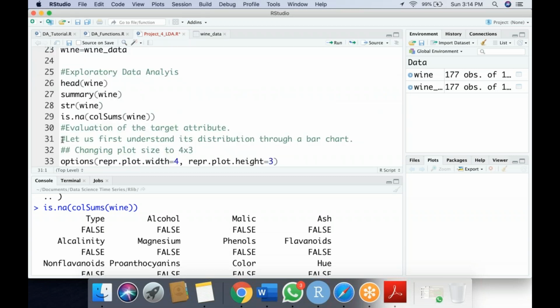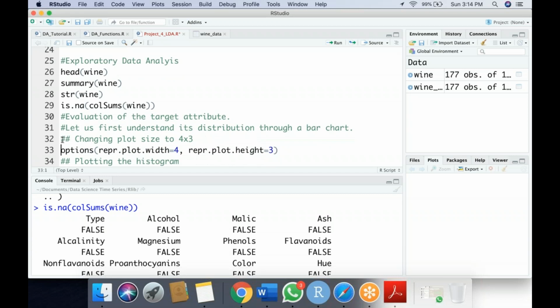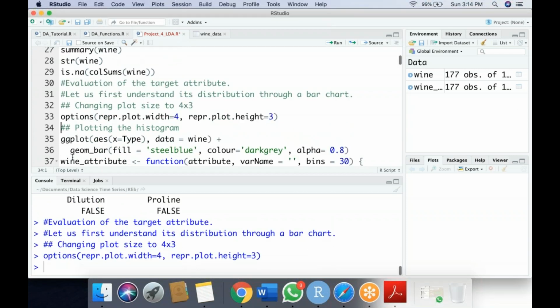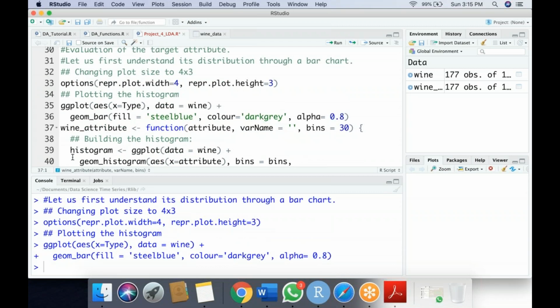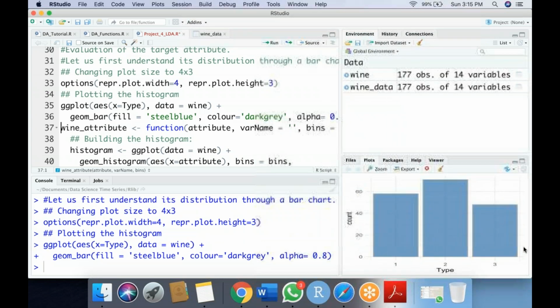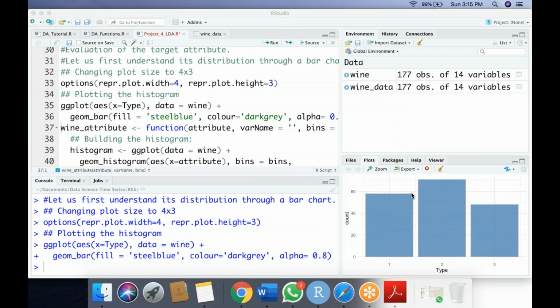So we have to see what the distribution is, and we can find out the various distributions of it through a bar chart. We can see in our data, and this we did yesterday when we talked about LDA, the various class distributions and their balances.